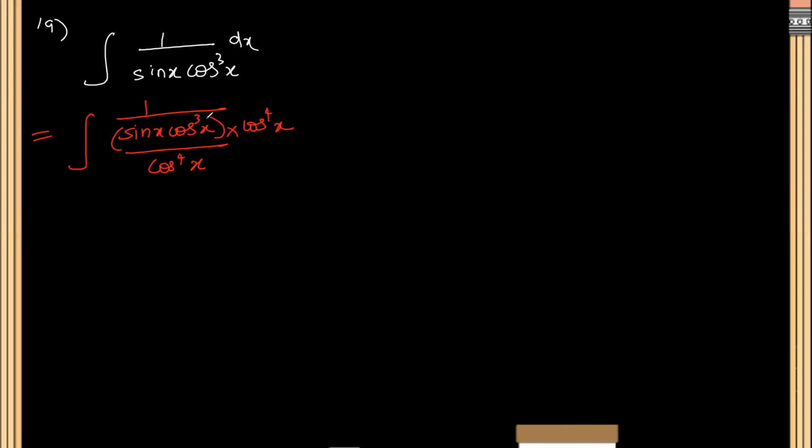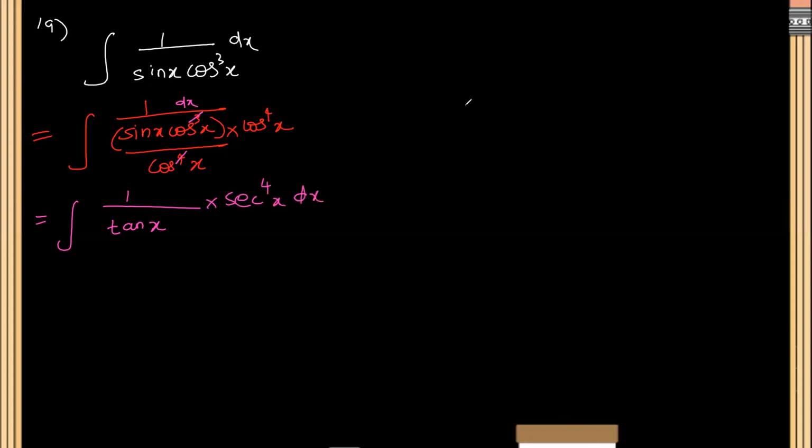Here, if you see, cos cube x gets cancelled. So sin x by cos x can be written as tan x, and 1 by cos power 4x can be written as secant power 4x dx.